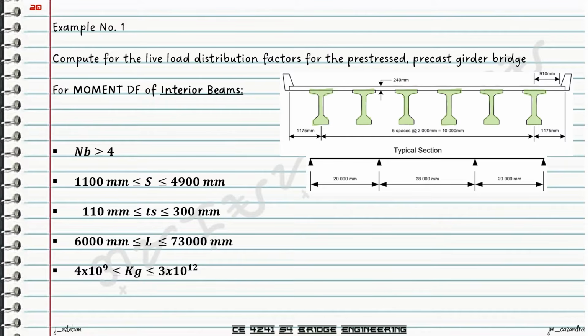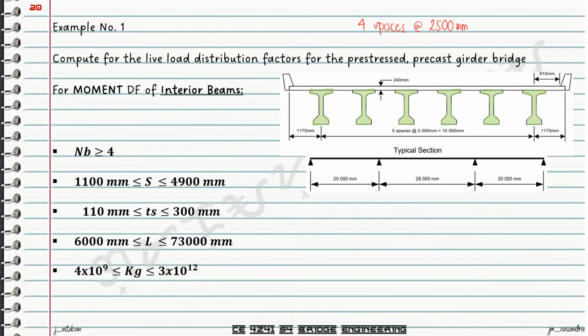Okay. So for example again, if we do not have a complete section of the bridge and we are given that the bridge has, let's see, 4 spaces at, let's see, 2,500 millimeters.